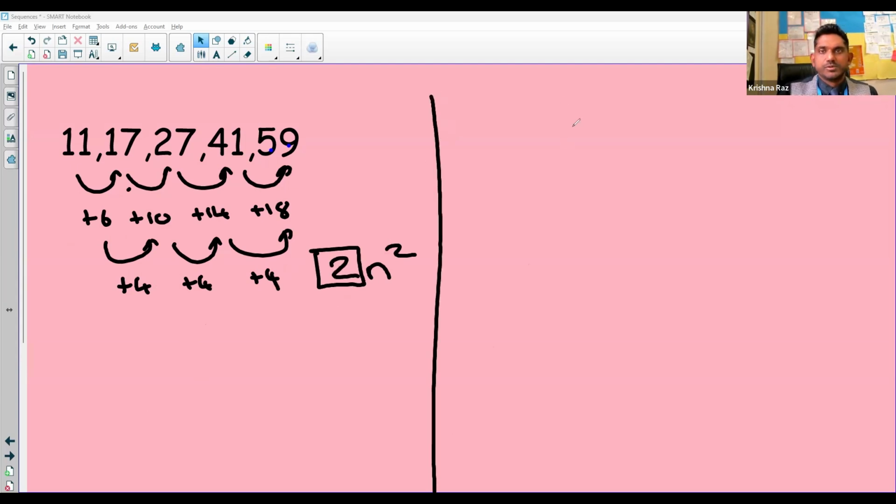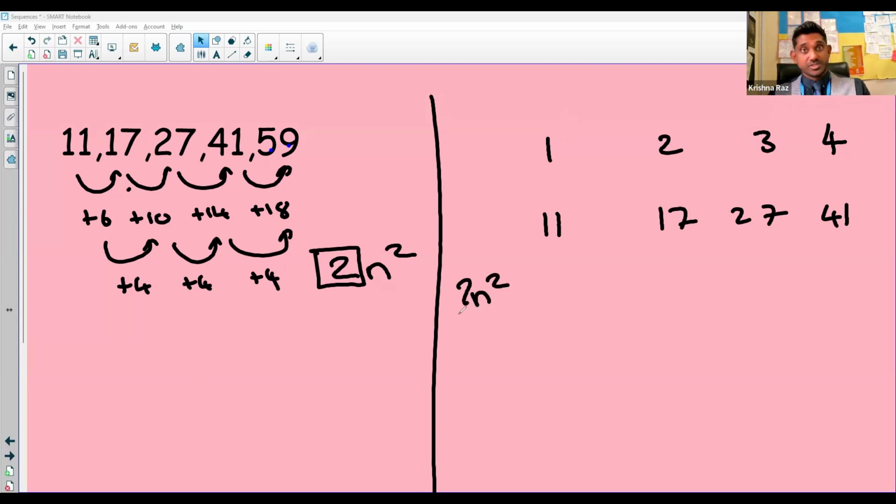Now let's draw our table. First term, second term, third term, fourth term. So we started with 11, 17, 27, 41, and we want the sequence for 2n squared. So 1 squared is 1 times 2 is 2. 2 squared is 4 times 2 is 8. 3 squared is 9 times 2 is 18. 4 squared is 16 times 2 is 32.